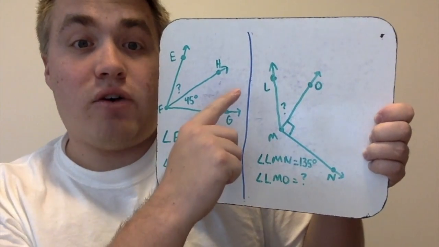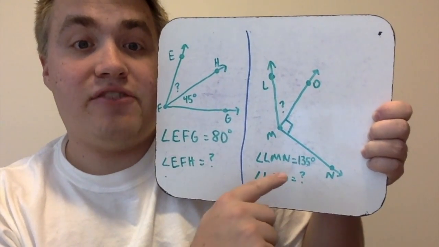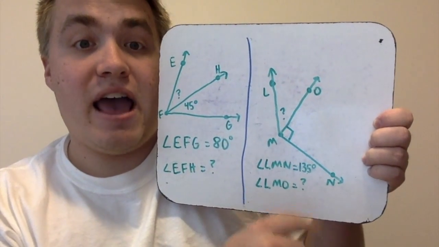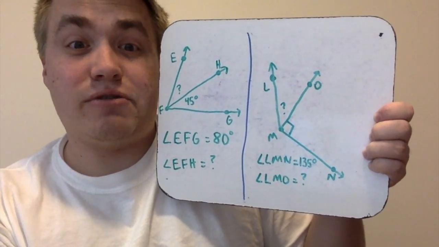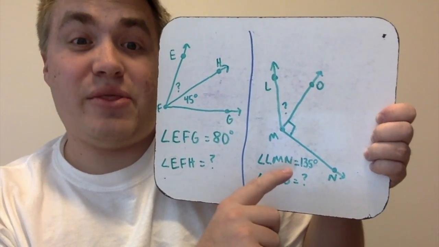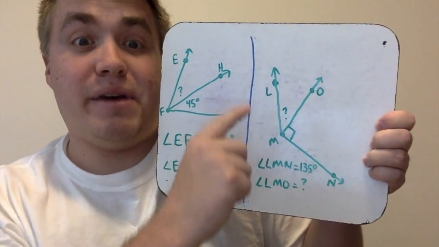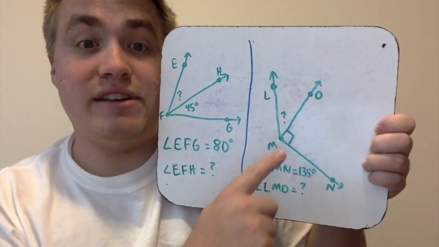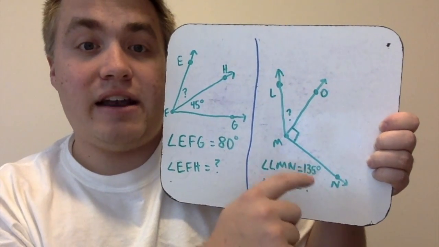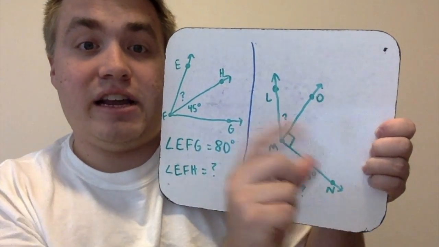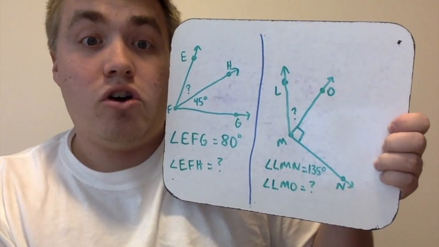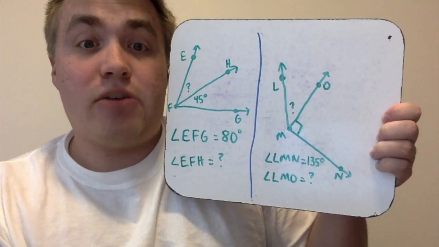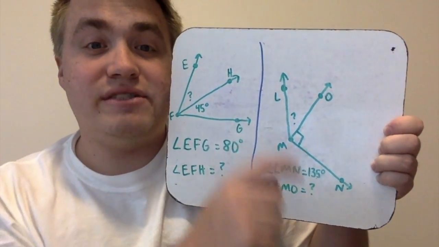Well, if I know that angle LMN is 135 degrees, and angle OMN is 90 degrees, then I'll do 135, my big angle, minus 90 degrees. It's just like I'm taking out my 90 degrees and I'm left with my smaller angle, which is 45 degrees.